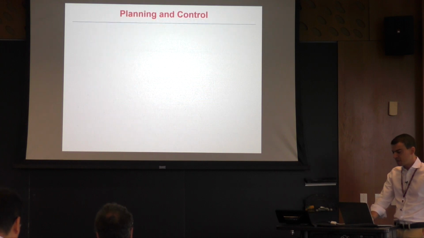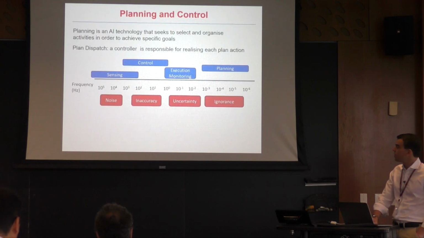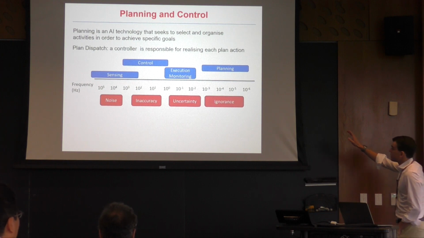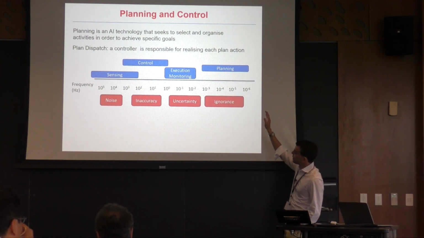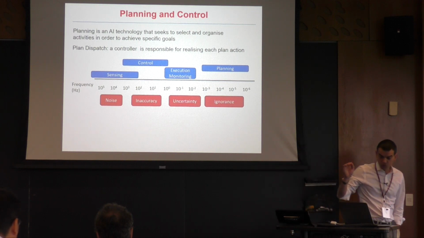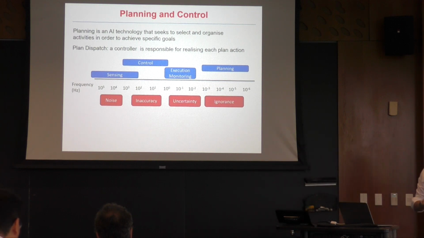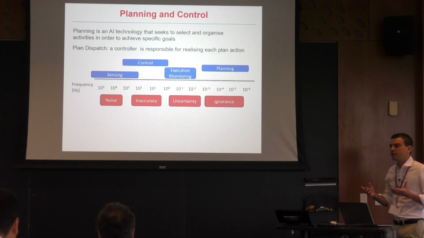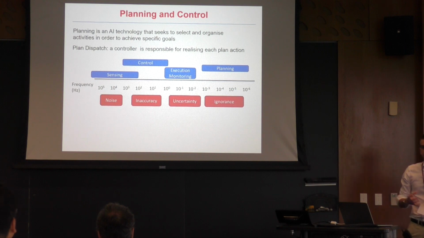Where planning sits with respect to control: now planning is here on the right-hand side, and you see different tasks involved in robotics, and for each of those tasks you see a different kind of uncertainty. So for example, at the planning level there is ignorance, meaning that you don't have complete information about the initial state, for example, right?